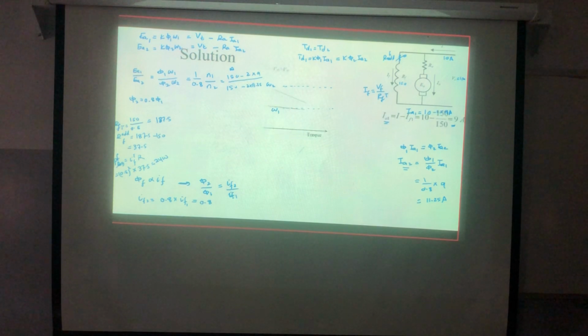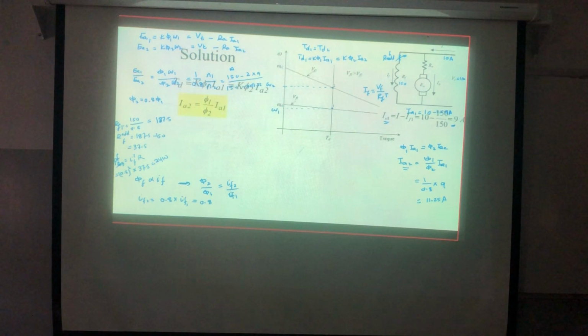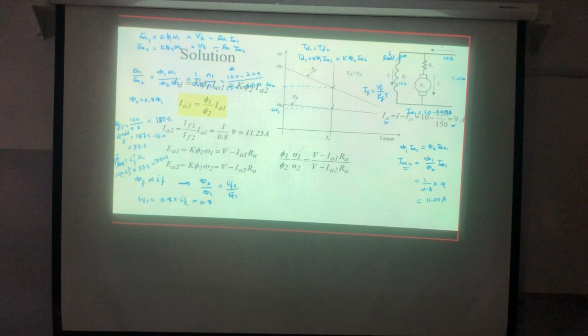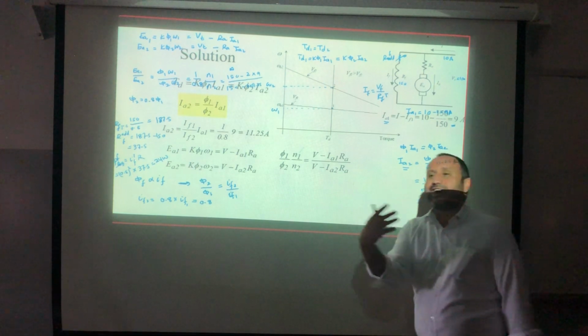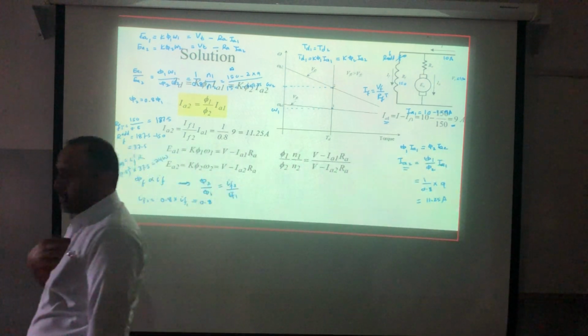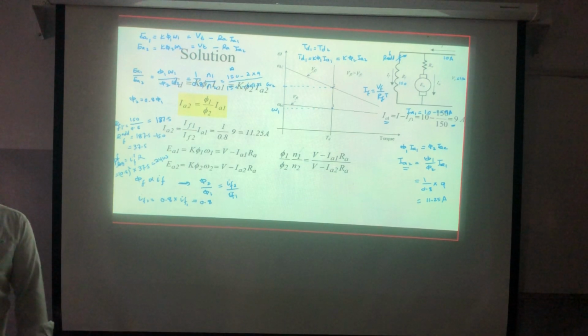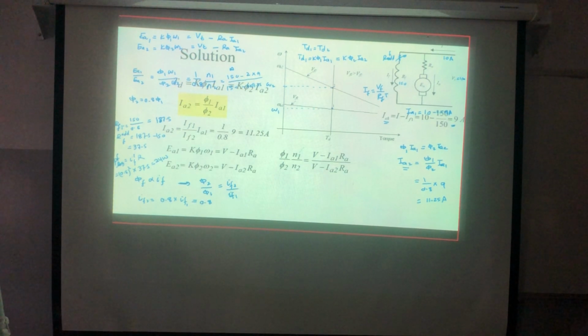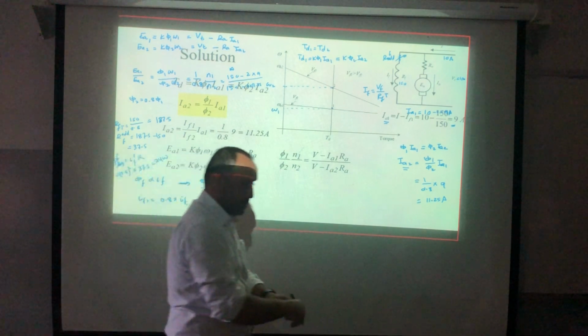So you should read the question carefully and be careful, because sometimes maybe I will give you two options or two answers, the first one and the second one, but simply I'm asking about the extra. Sometimes I will give you that how much resistance I should add to the field circuit or the armature circuit. I will give you both the R total and the actual R, but I'm asking for the added, not the total R. So you should be careful about that.